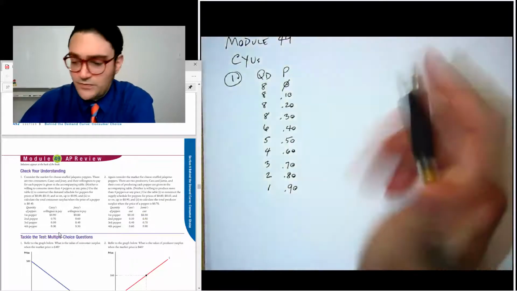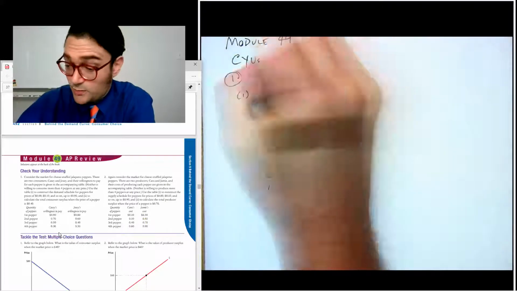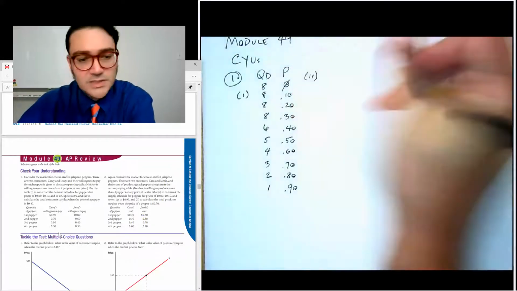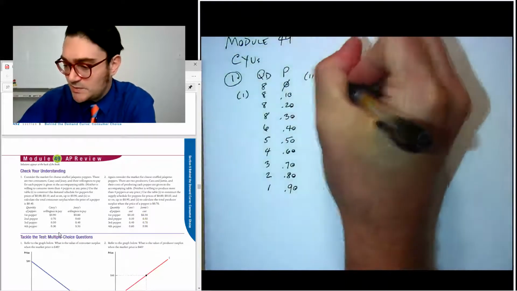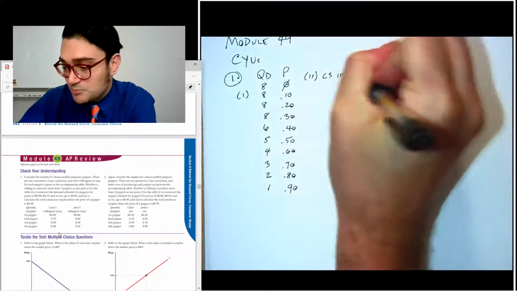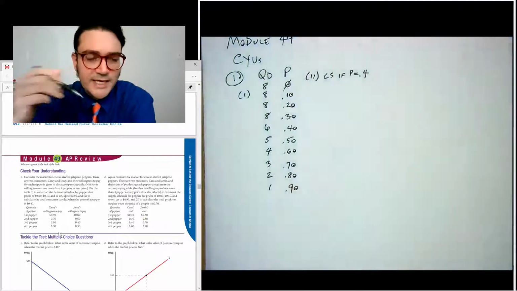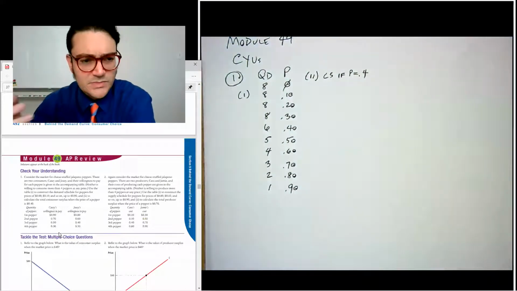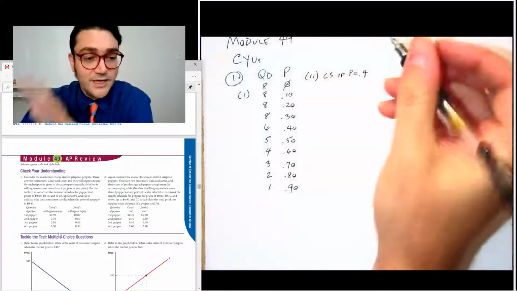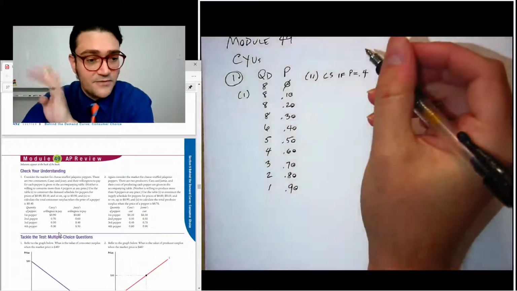Now, the second question, because that was part 1. Part 2 says, what's the consumer surplus if P equals 0.4? And so what we basically have to do is go back to the willingness table to calculate this. We notice that Casey's willing to buy 3 because she's not willing to buy the 4th pepper.